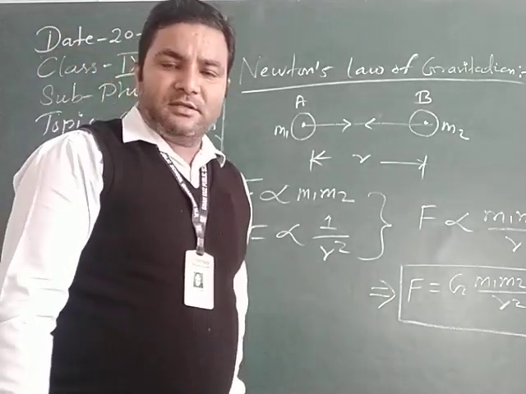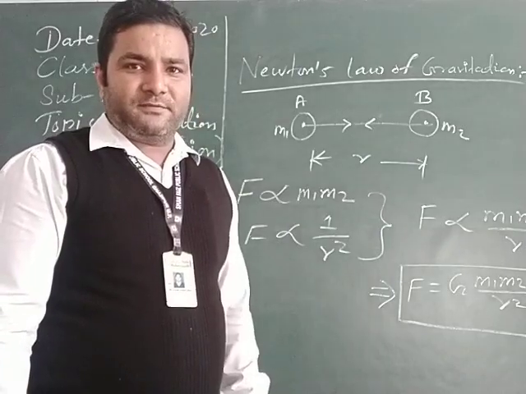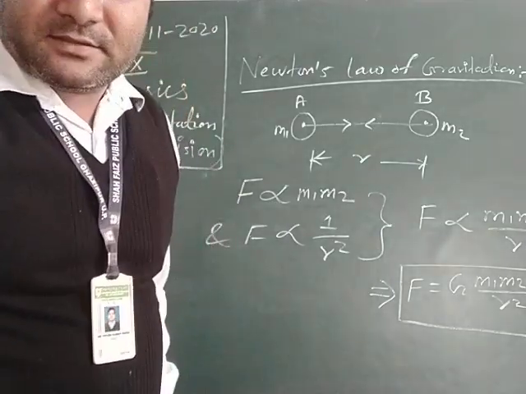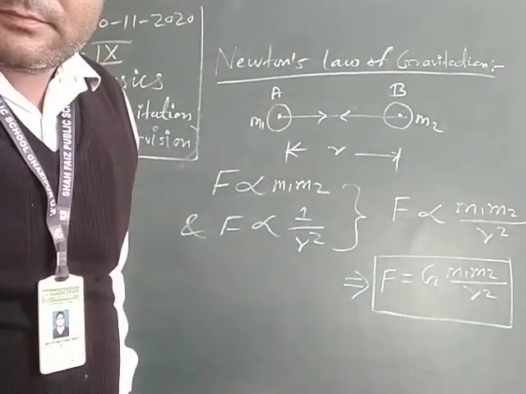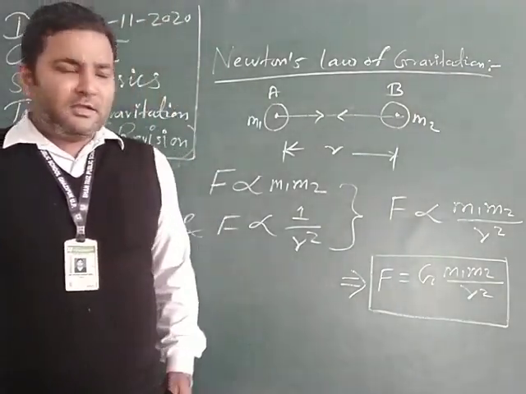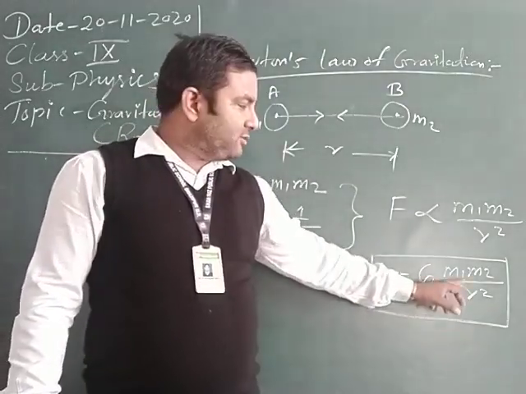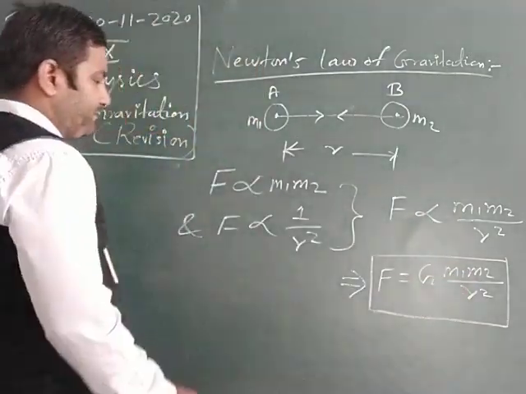I will say that this is Newton's formulation of force, that is the force of gravitation. Here the value of force depends upon distance and also depends upon the product of masses.